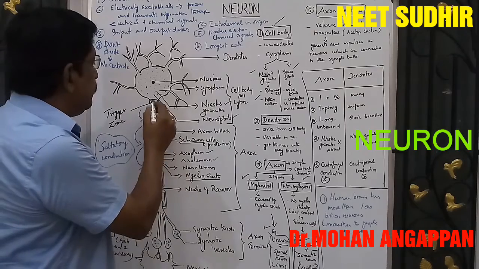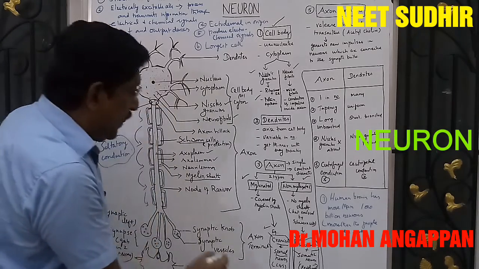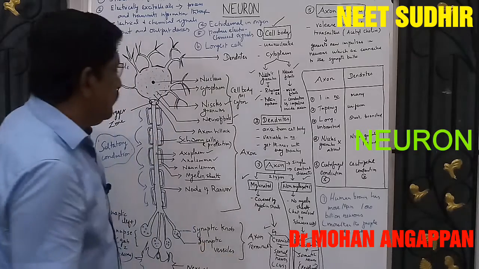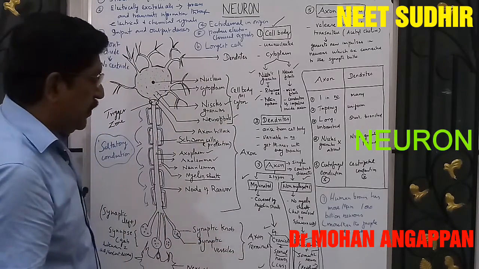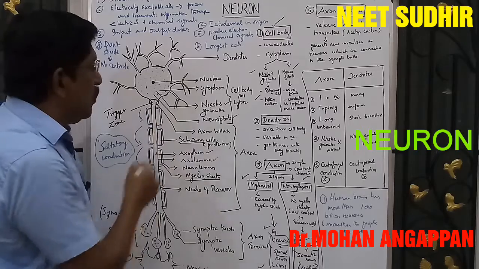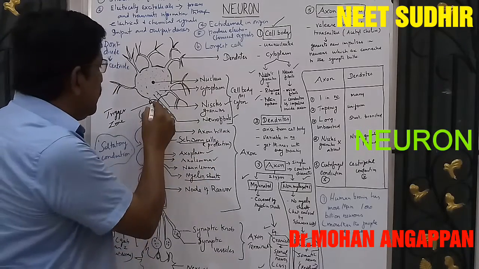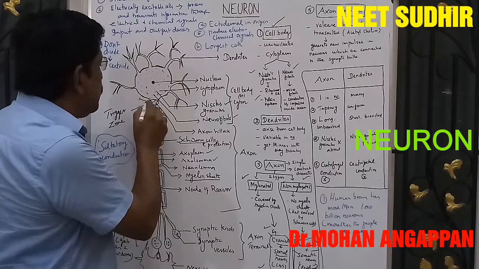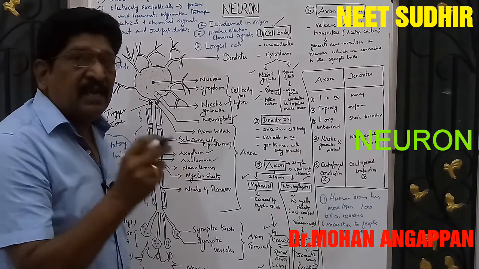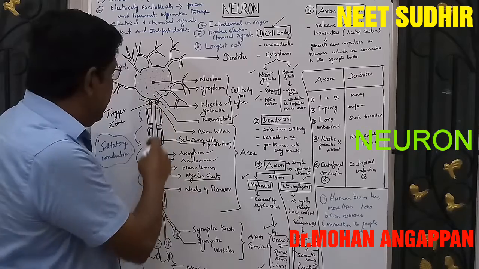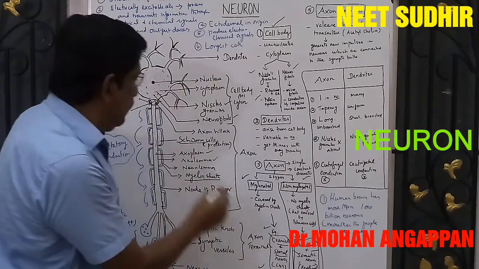Then this portion, the neck portion of the axon, is called the axon hillock. This is actually the trigger zone. In this portion, the action potentials are produced. That's why it's called the trigger zone. So the neck of the axon is called the axon hillock.